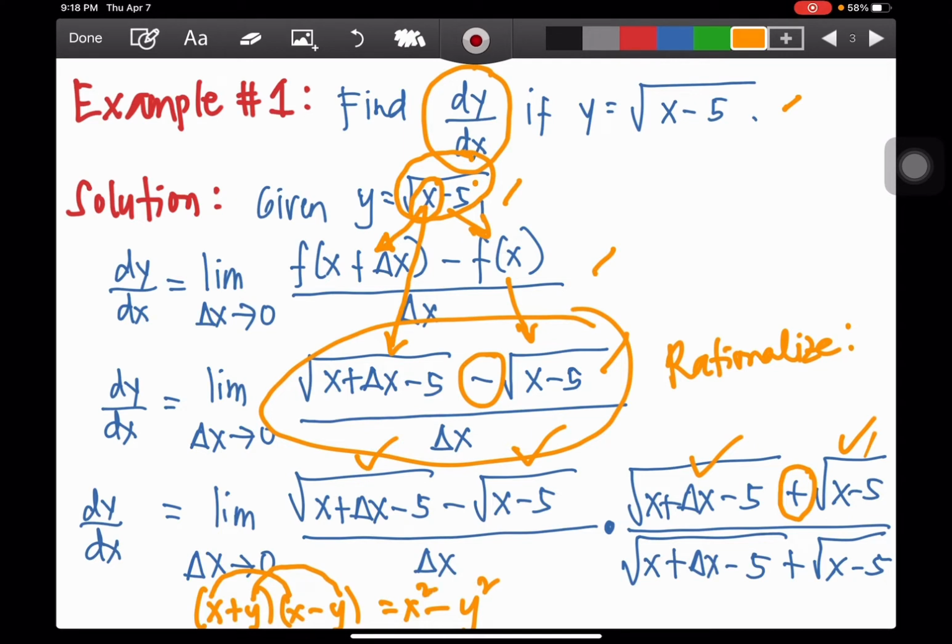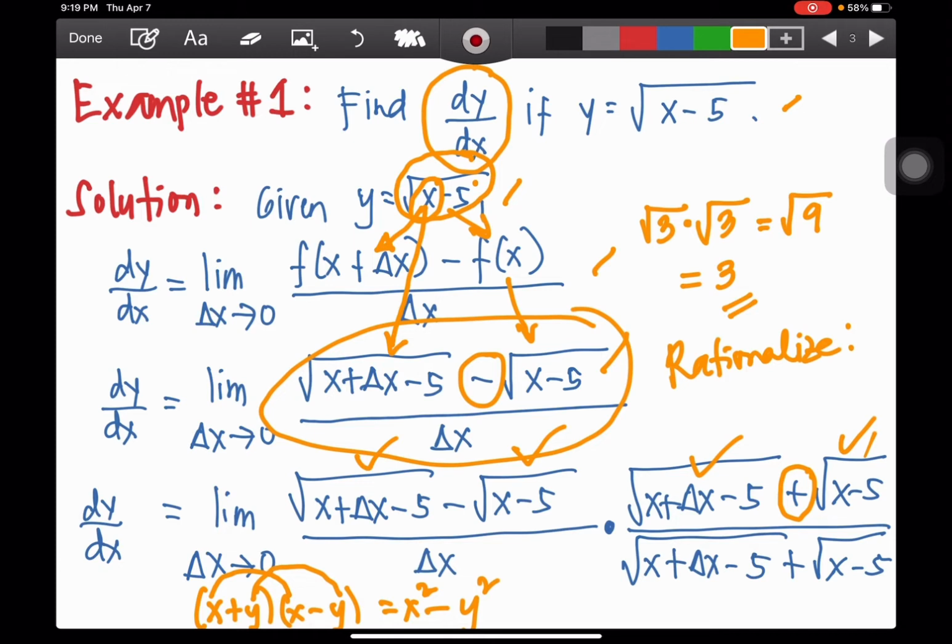Squared, because we know that the square of a radical is equal to the radicand, meaning if we multiply a radical by itself, say square root of 3 times square root of 3, the result is the radicand, because square root of 3 times square root of 3 is equal to square root of 9, which is 3.